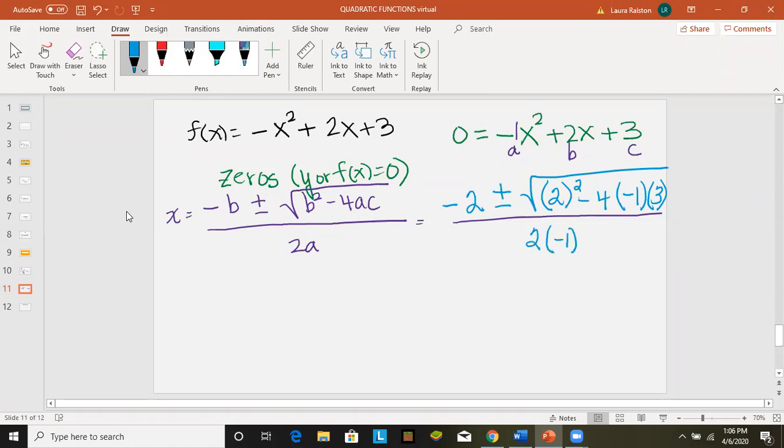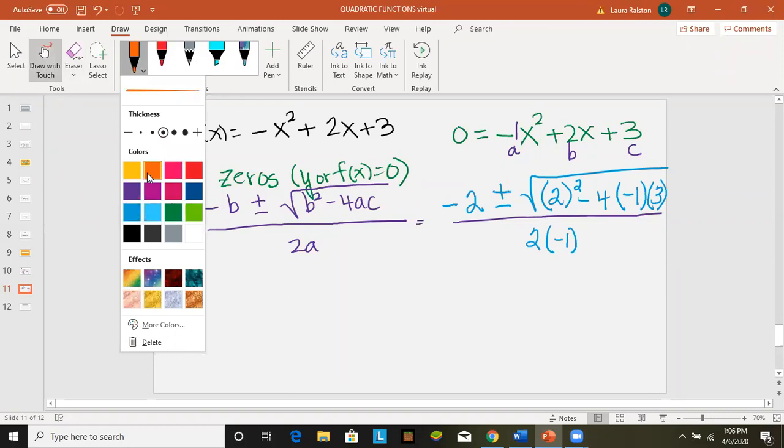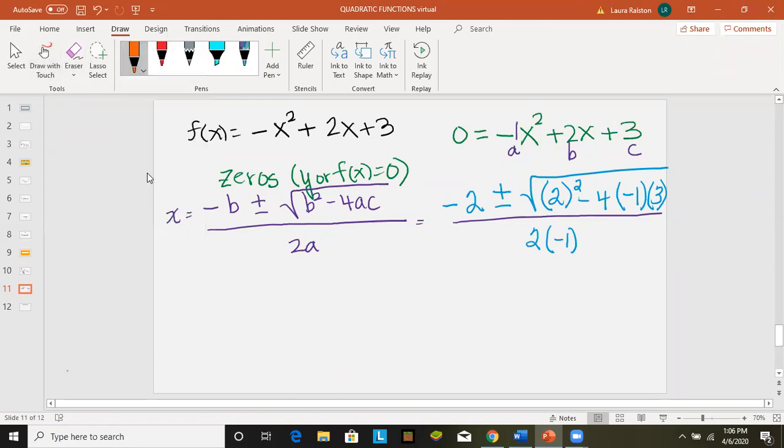So I've plugged in the numbers. And then I'm going to come back and do the math. Okay, so I would have, and I'm going to start over here off to the side, -2 plus or minus the square root. 2 squared is 4.